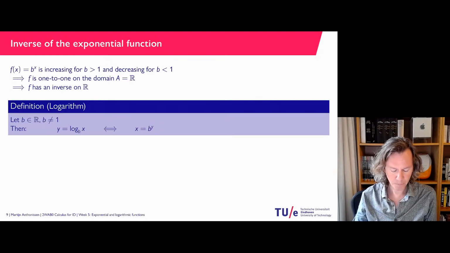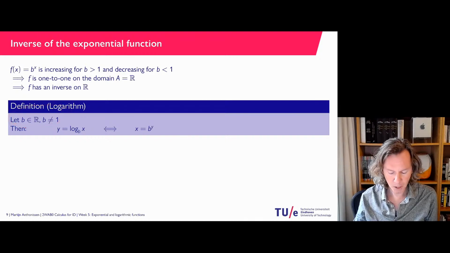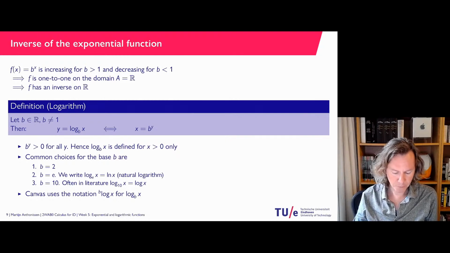So logarithm, let b be the base, unequal to 1, because otherwise we have a very boring function. So y is b log of x is the same as x is b to the power y. You see b to the power y is always positive.